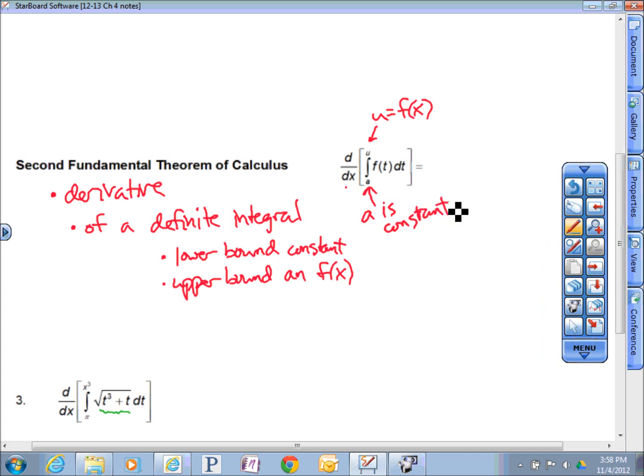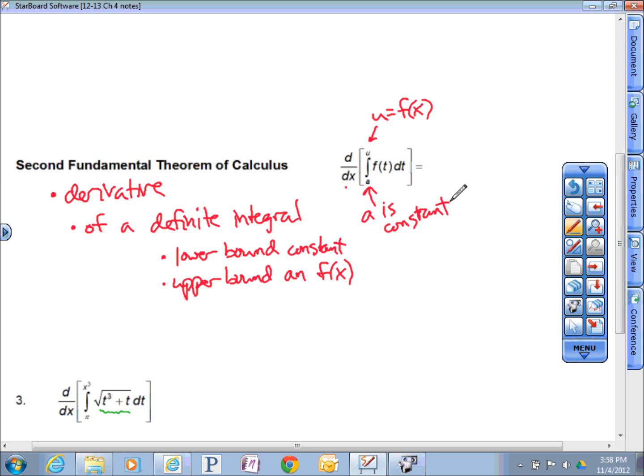If that's the case, this is what you do. You plug in your upper bound. If I want the derivative of this definite integral without actually carrying out both pieces, I can do it in one shot.